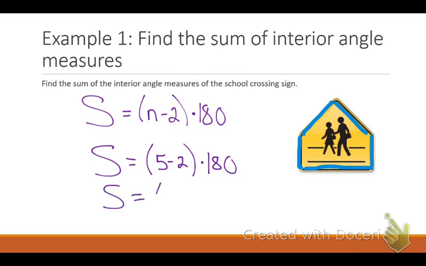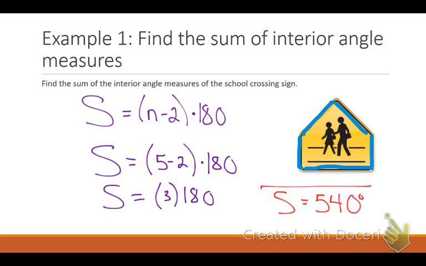So S equals 3 times 180. And what is 3 times 180? 540. Yes, it's 540. You will be allowed to use your calculators on your Chapter 3 test, just to double check your answers. 540 degrees is my sum.